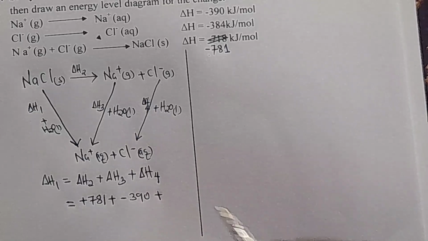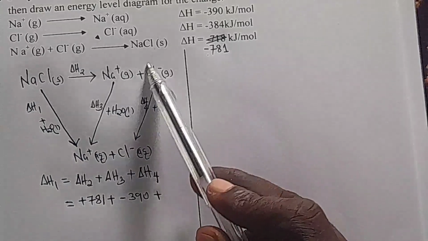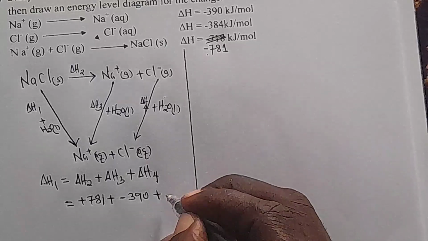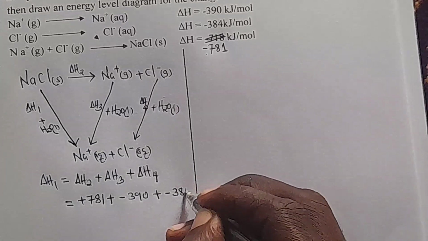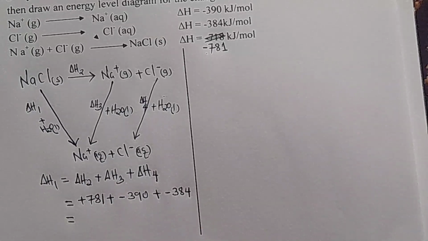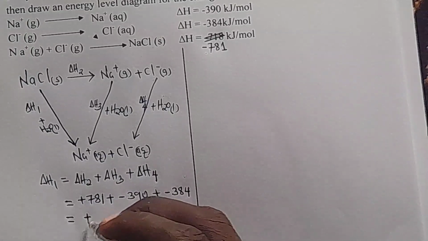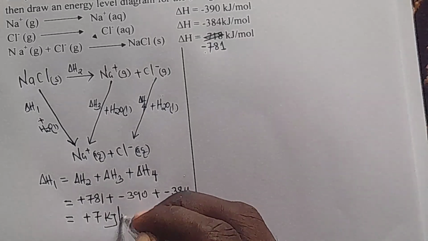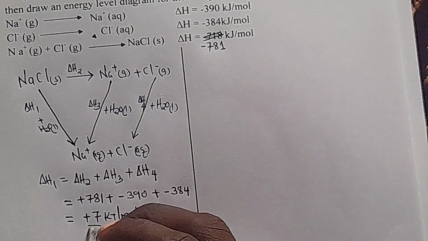Then plus enthalpy change 4, the enthalpy of hydration of chloride ions, here we are given negative 384 kilojoules. So if we sum up all this using a calculator, we are going to get positive 7 kilojoules per mole. So it is a positive.